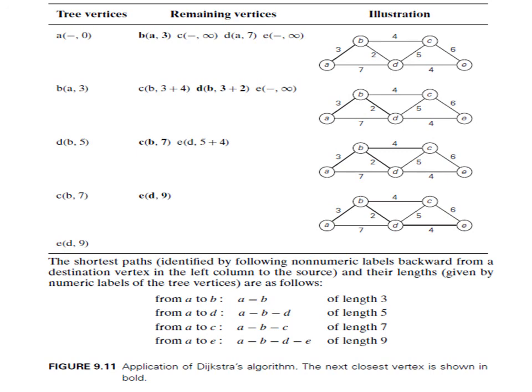So at the end, when we write the length from source vertex to all other vertices, A to B it was 3, A to D via B, that is A to B, B to D, it is 5, then A to C via B, A to B, B to C, it is 7, then A to E via B and D, that is A to B, B to D, D to E, it is equal to 9. This is the Dijkstra's algorithm for finding single source shortest path.